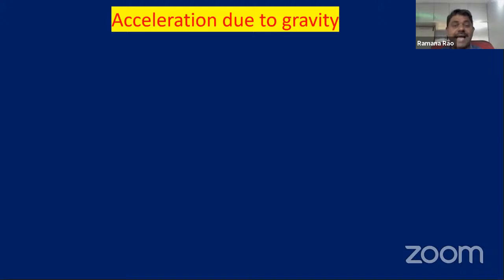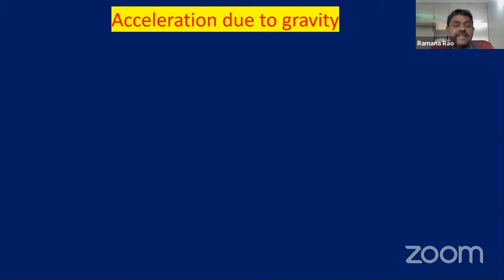That means the ball is accelerating. Gradually its speed increases. Is it right? Otherwise, if you throw a ball from a building in the vertically upward direction, it is going to slow down. That means acceleration is acting down, so the body is going to get slowed down. So these are the examples for accelerated motion.